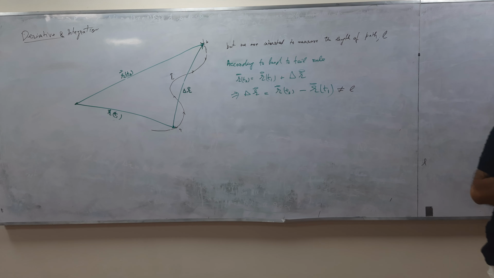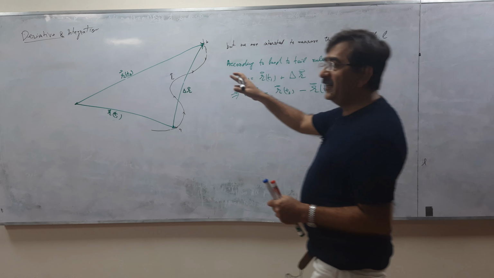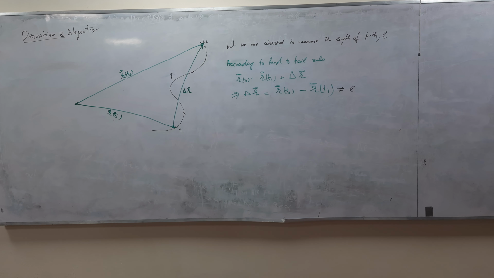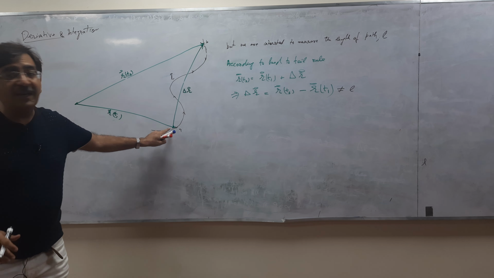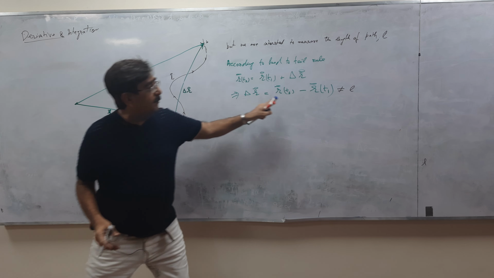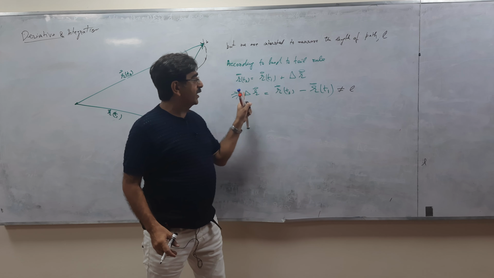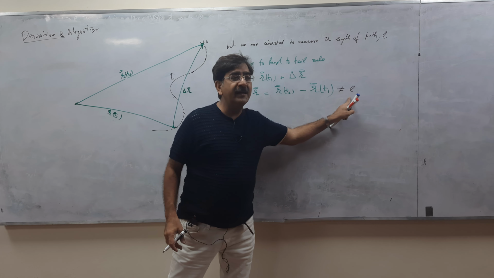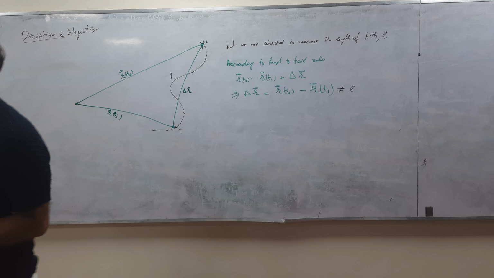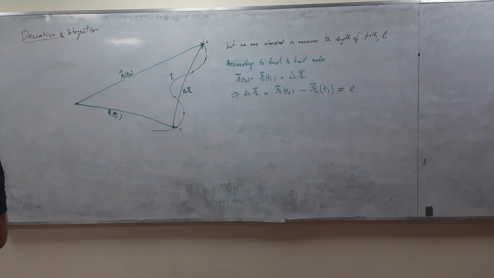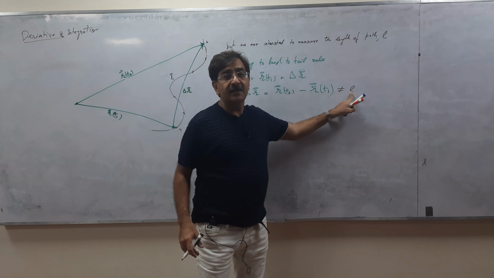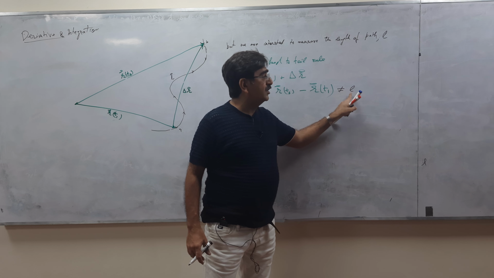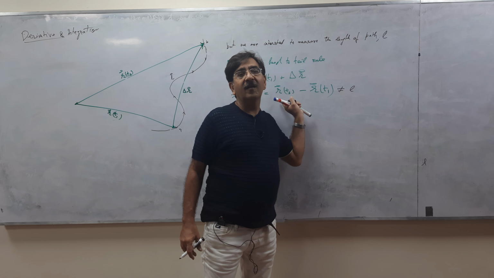We are interested in L because whenever we cover any distance, that will be along the path, and that path is not necessarily straight. It will be any type of curve. Unfortunately, we can find only the delta R. But if you are interested in finding velocity, work, energy, or any physical quantity, we have to measure the path, because all energy is utilized along this path, not along the displacement.